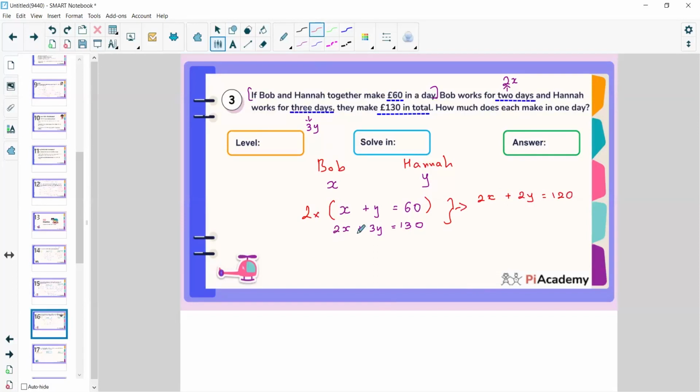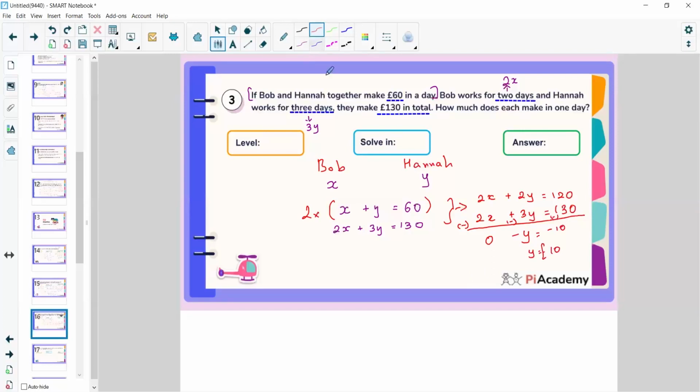And over here, 2x plus 3y equals 130. So what can be done to eliminate x? We need to subtract. So this would be 0 plus 2y minus 3y. This is minus y. And 120 take away 130. This is minus 10. What does this mean? Value of y is 10 pounds.